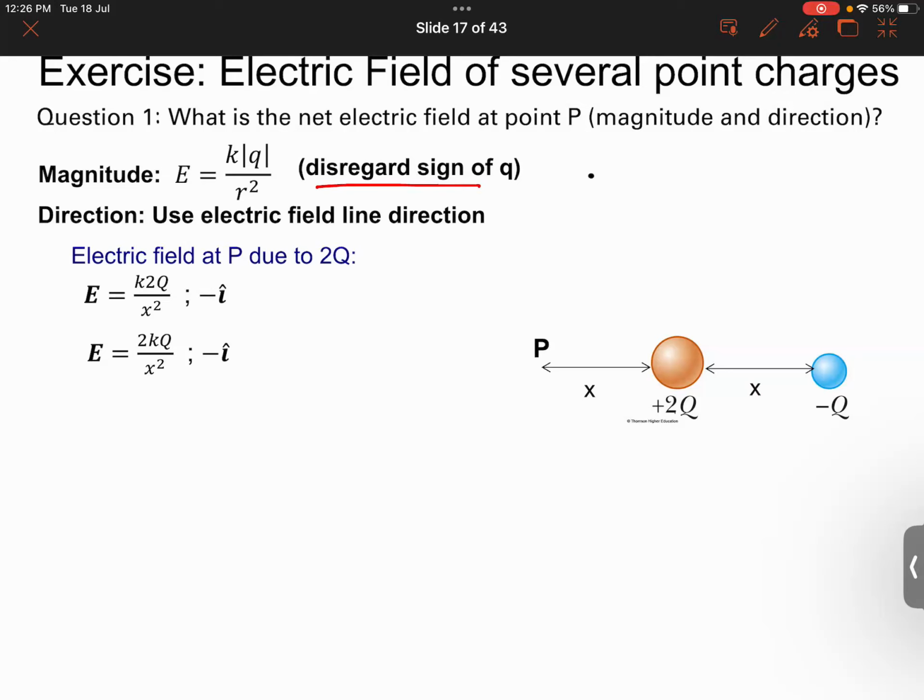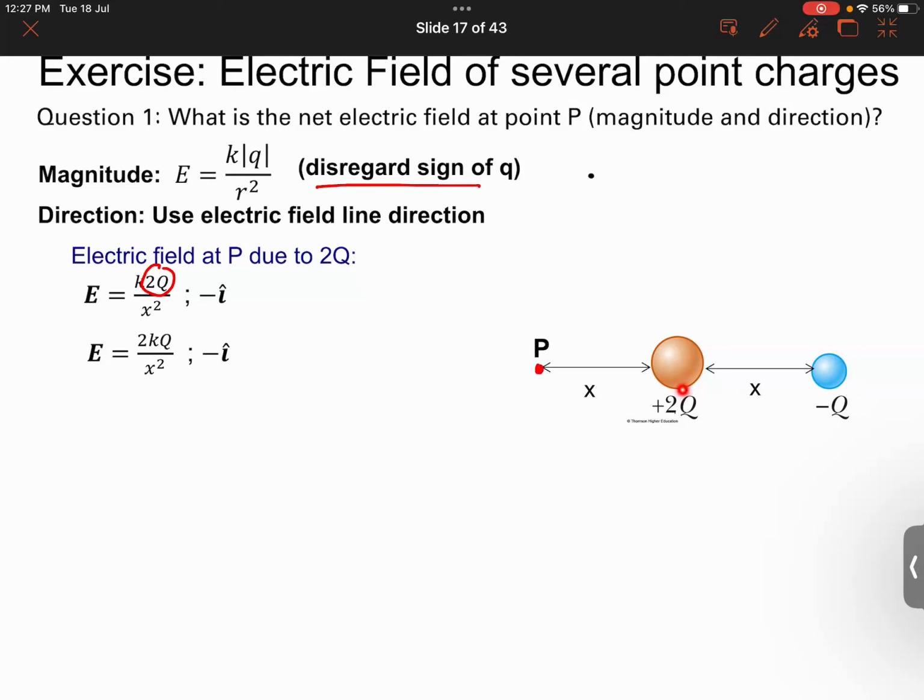All right. So for this charge 2q, the magnitude will be k times the charge, which is 2q, divided by r squared. r is the distance between the charge and the point where you want to find the electric field.